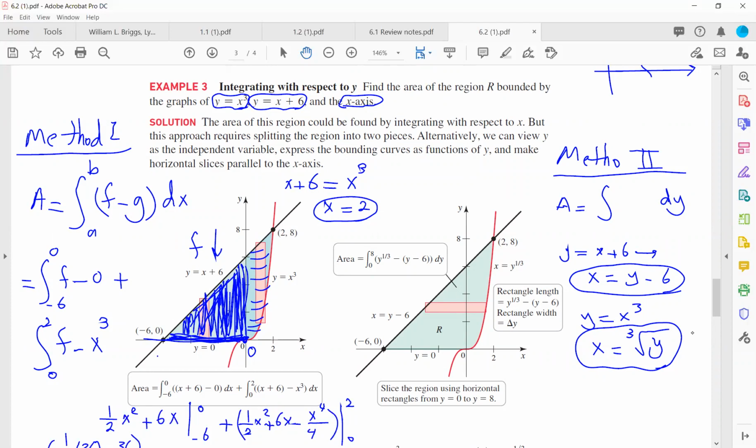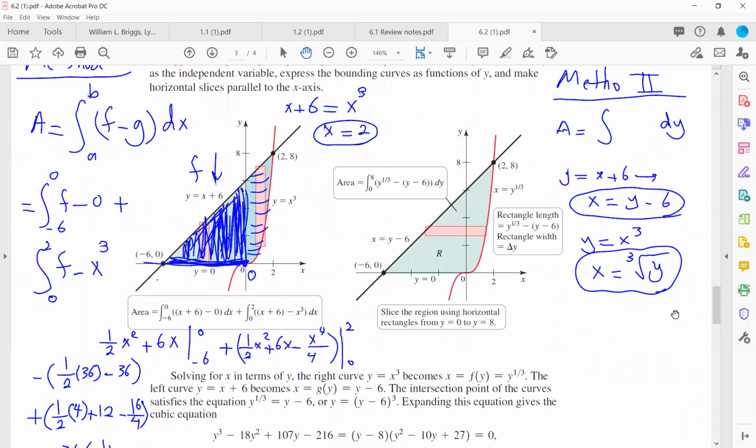So when you're finding the area, check to see which one is easier. By finding one integral, you can actually find the area bounded between these functions. Why is that? Because the function ranges between y minus 6 and the third root of y.